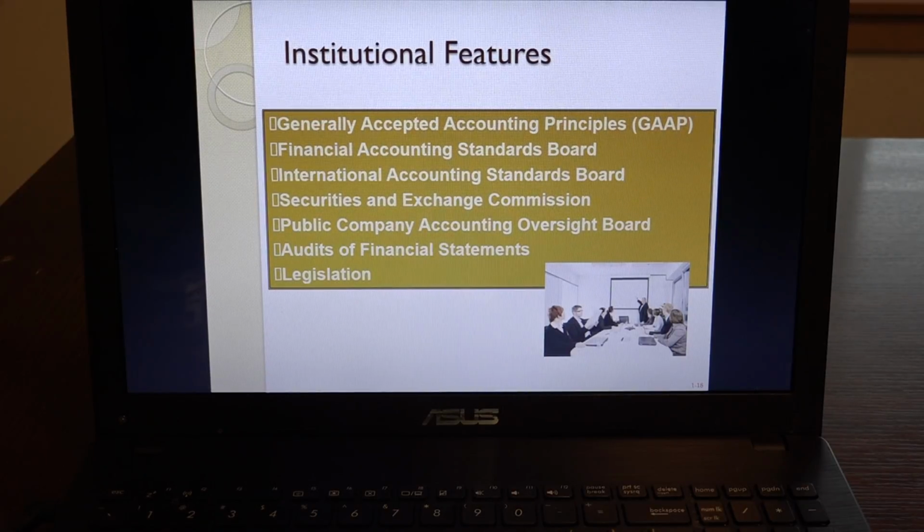And so that's where the PCAOB comes in. They set the rules for these CPA auditors of publicly held companies.